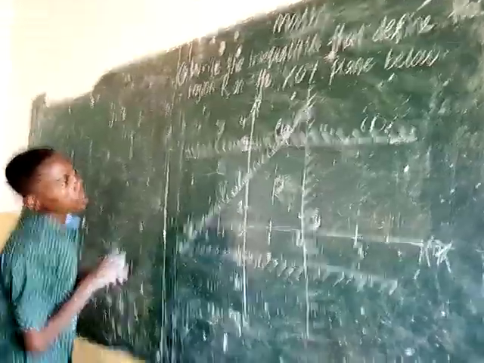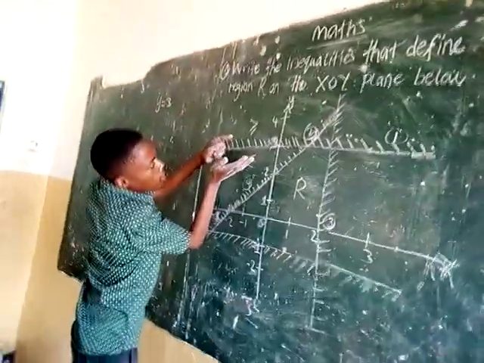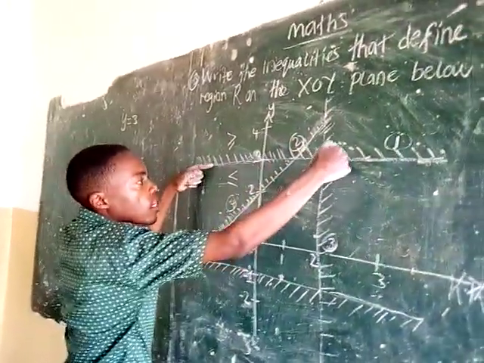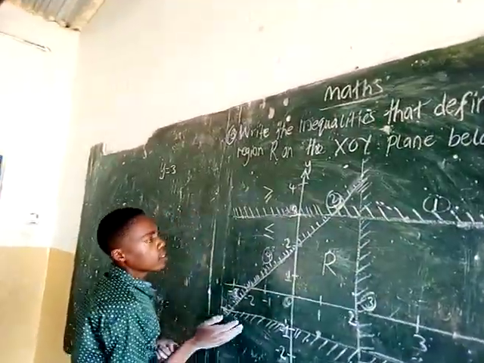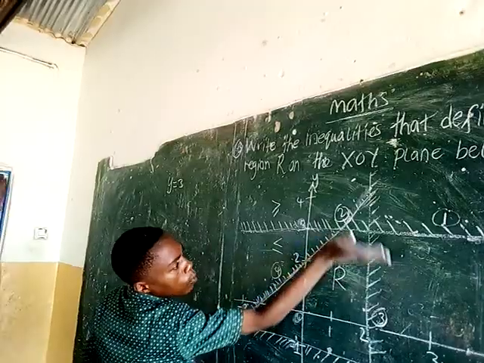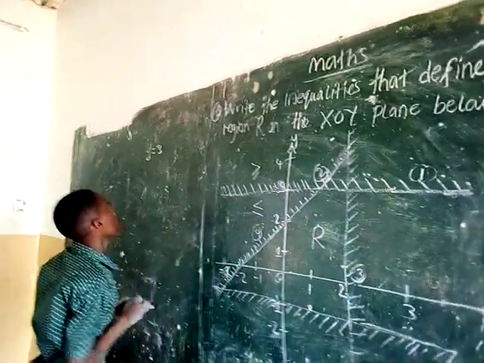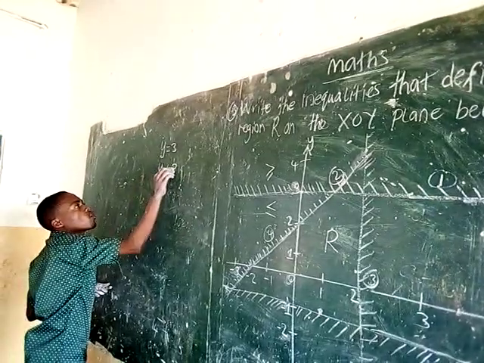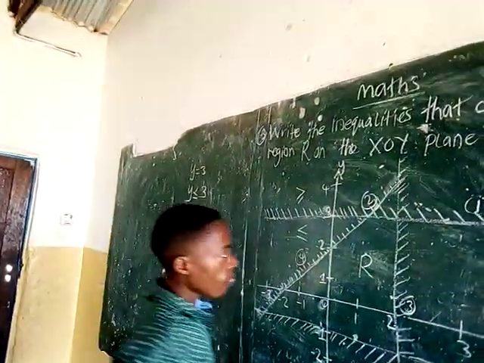We use the symbol lying in the region that is not shaded. The part that is not shaded is below, and the symbol is less than or equal to. So where there is an equal sign, we put y less than or equal to 3.